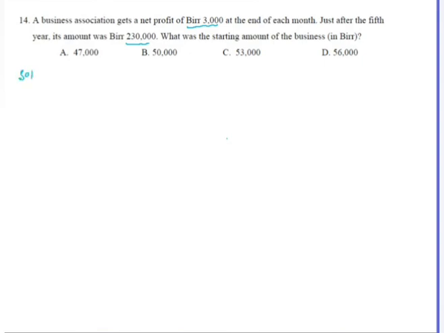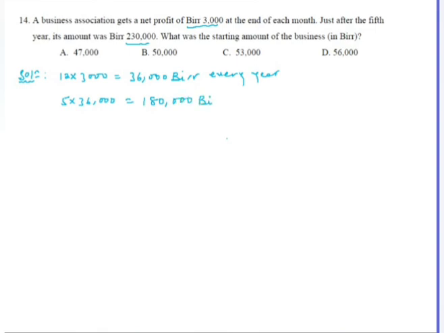This business associate gets 3,000 every month, which means 12 times 3,000 every year, which is 36,000 birr net every year. So the amount after 5 years will be 5 times 36,000, which is 180,000 birr.